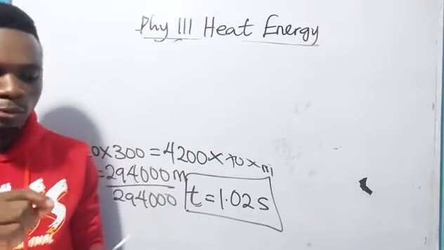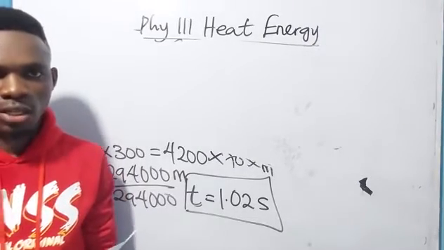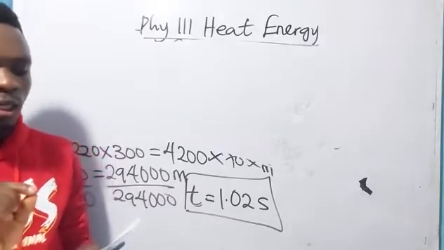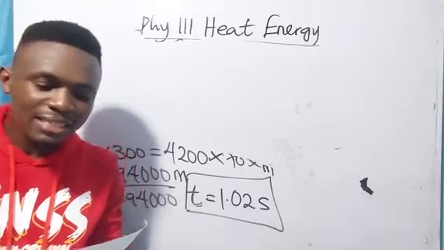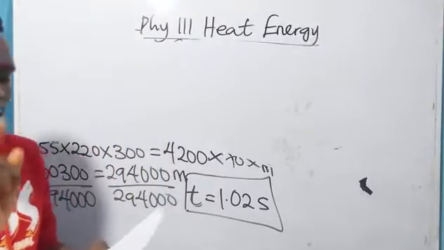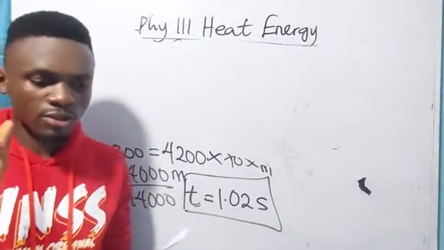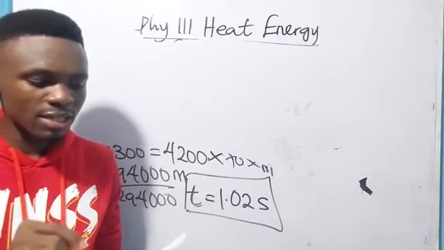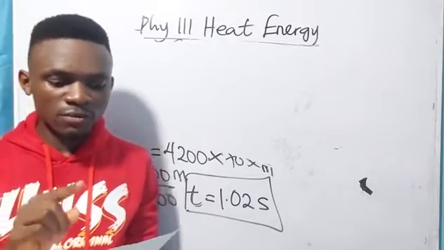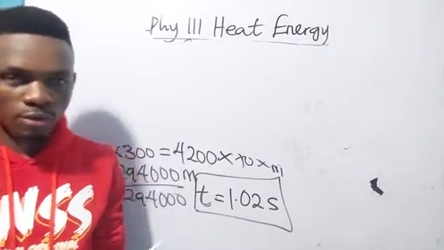Let's just assume it to be water. The cup and the coffee came to thermal equilibrium at 80 degrees Celsius, which means that T3 is 80 degrees Celsius. If no heat is lost, what is the specific heat capacity of the cup?